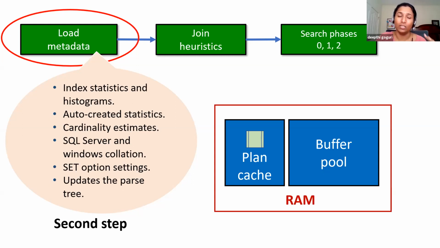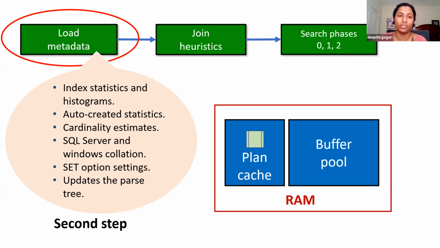So basically, the optimizer will get this information from the statistics and trust this information to determine how many rows it thinks are coming out of a table or a column while we are running any queries. So the SQL optimizer will trust this information from the histograms of the statistics.